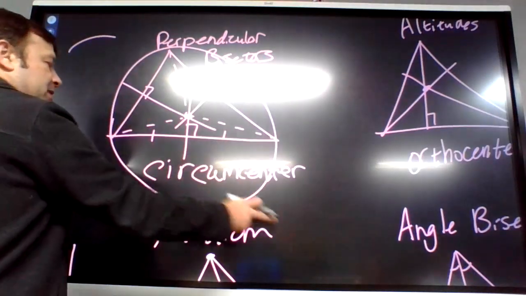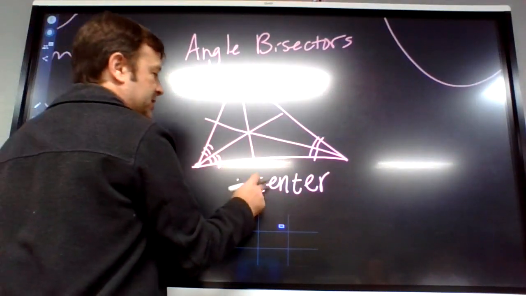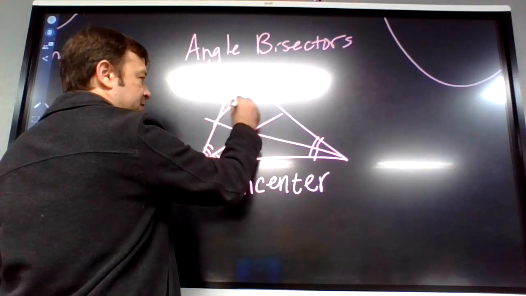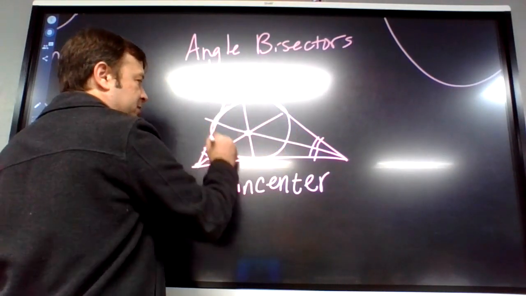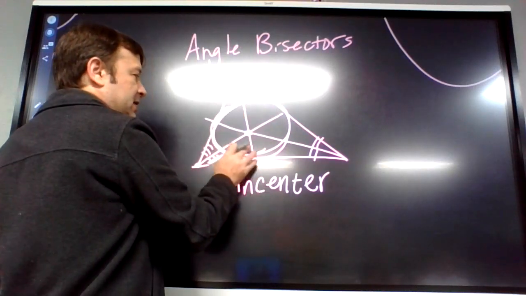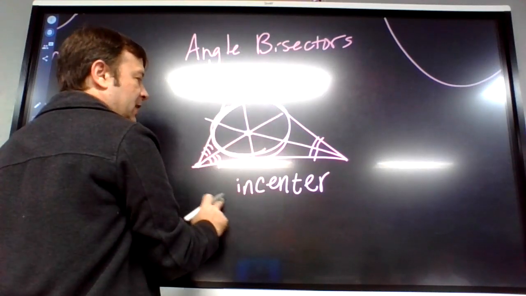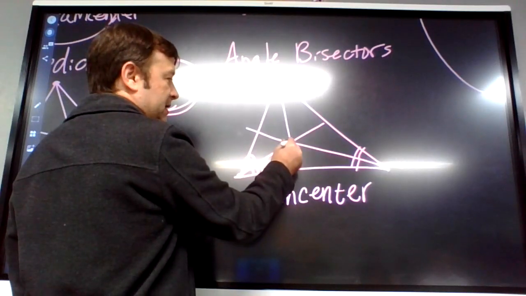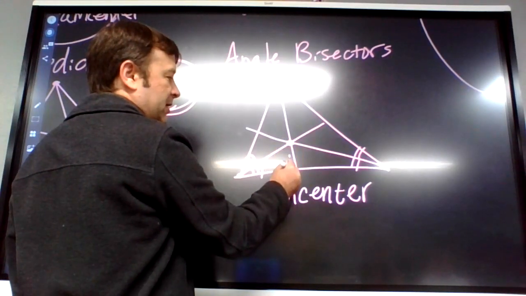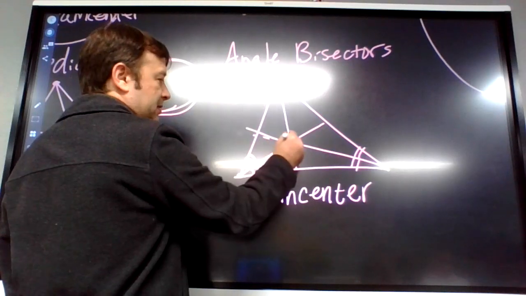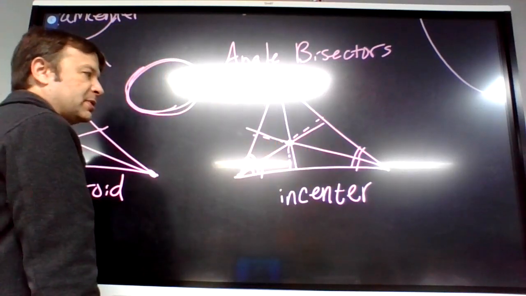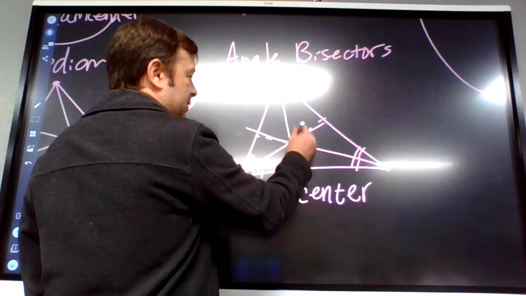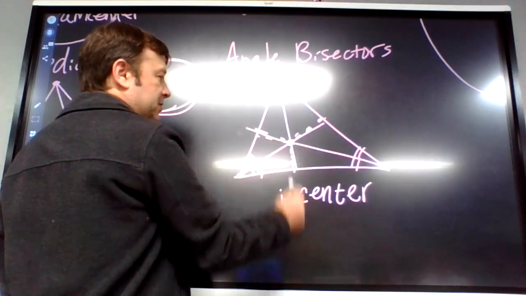The incenter is called the incenter because it's the center of an inscribed circle, inscribed being inside. What's special about it is it should be equidistant from every side of the triangle. I didn't draw it very well because this doesn't look very centered, but this length and this length and this length should all be the same.